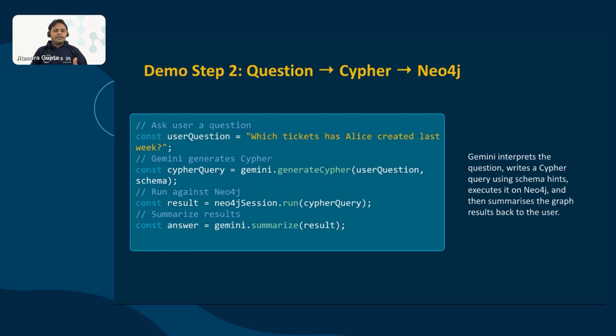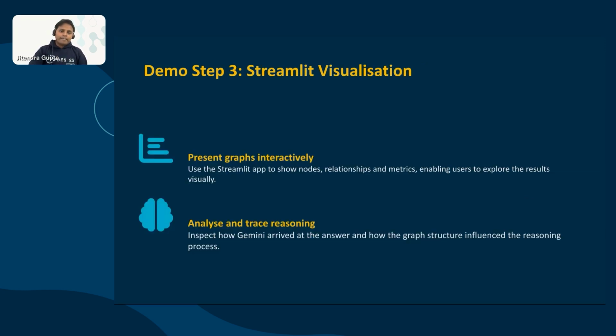This is pseudo code, not the real code that I'm showcasing, but that's how the flow looks. Once you have the results back, you can present them in the Streamlit application as part of the visualizations, and also perform the analysis, tracing, and reasoning on the alerting and dashboarding we have.